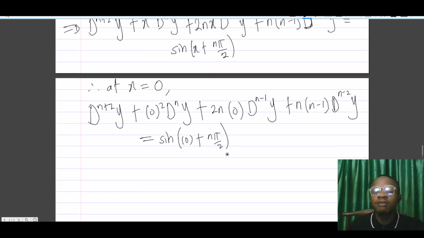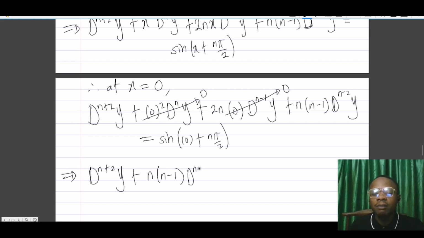So that's what we have left. This will vanish, this will also vanish. So from here we now have only the n plus 2 y plus n into n minus 1, the n minus 2 y is equal to sine of n pi over 2.